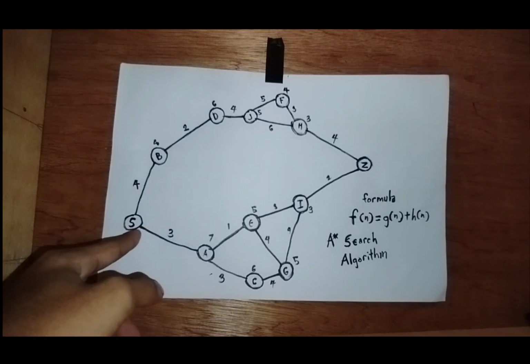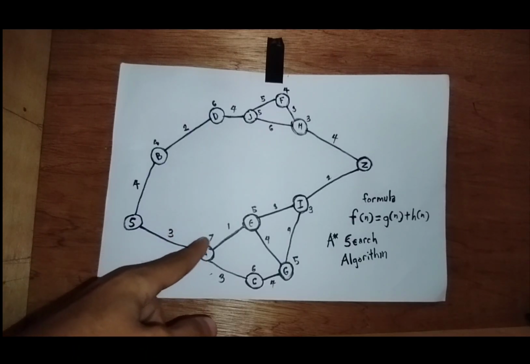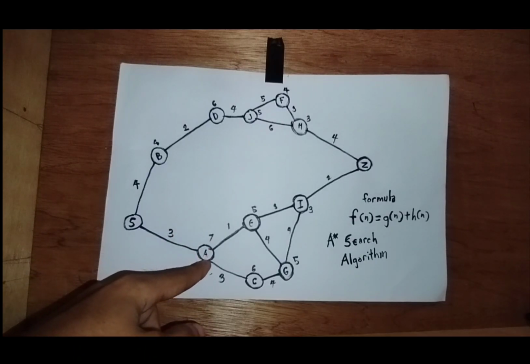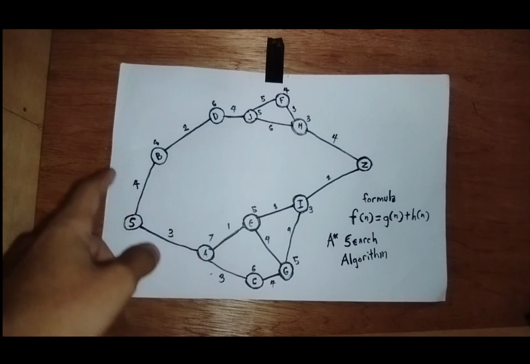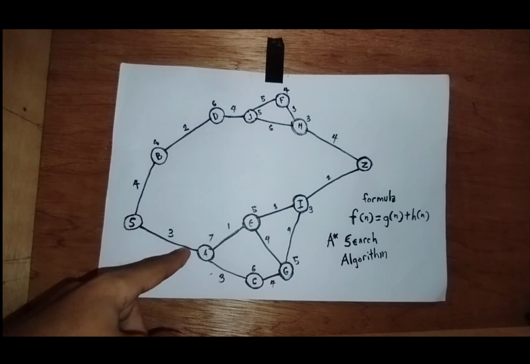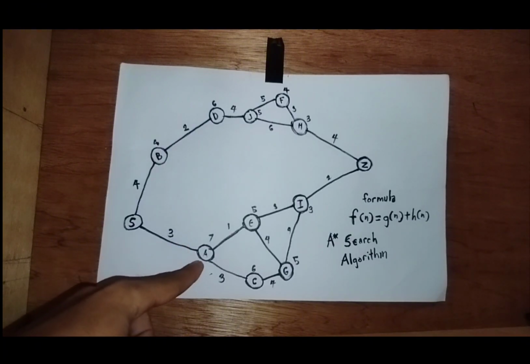S to A path costs 3 points plus 7 on A. 3 plus 7 is equal to 10. So, A is lesser than B. So, we're going to take the A route since it is much lesser than B.